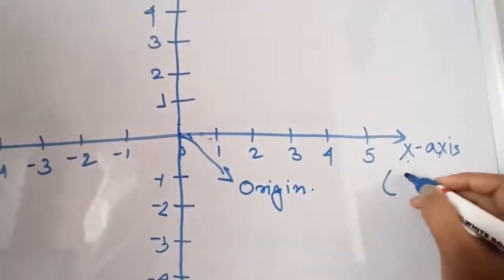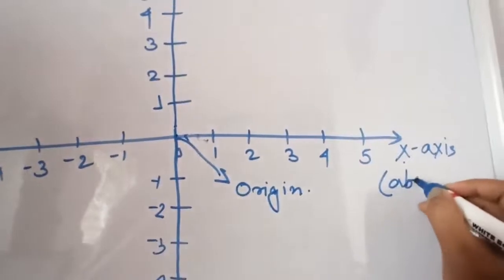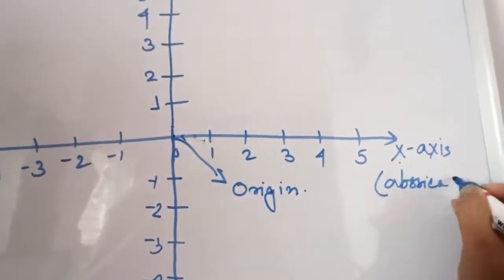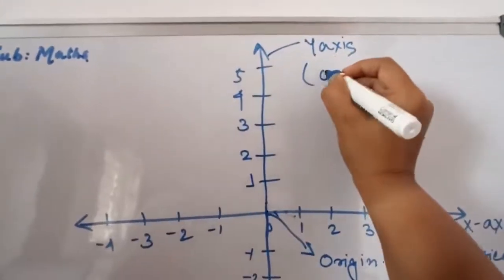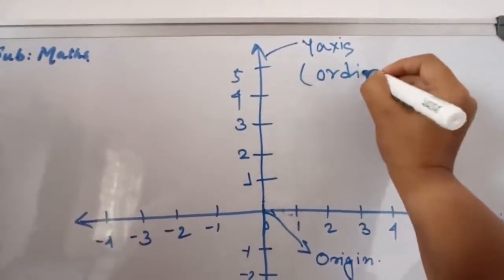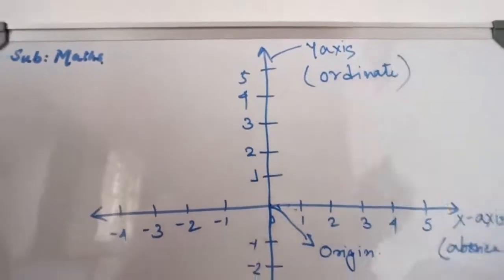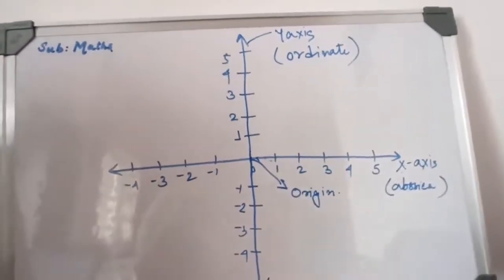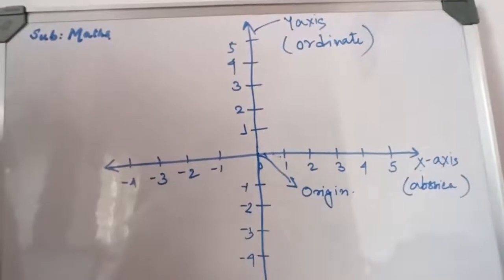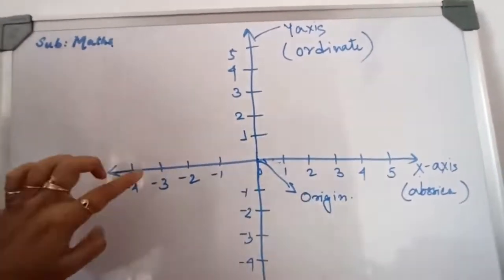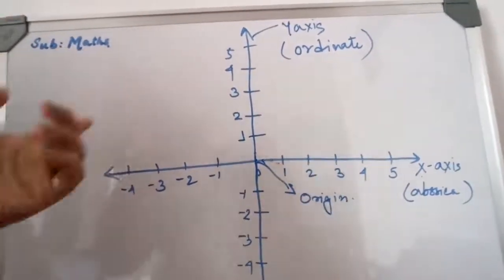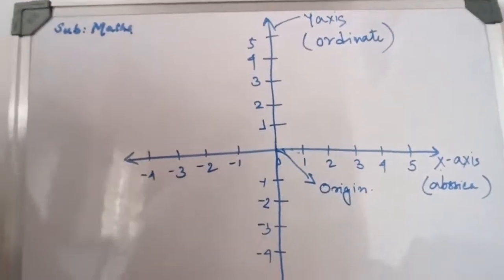The x-axis is also known as the abscissa, and the y-axis is known as the ordinate. So we have learned four things. Number lines are also known as axes.